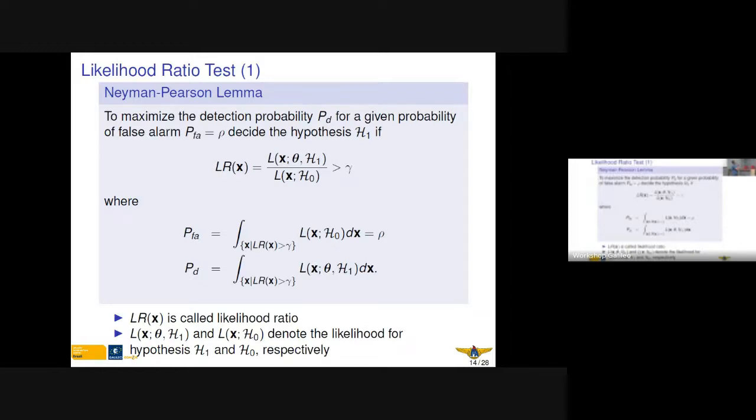Then the probability of detection is the integral over all X with the property that the likelihood ratio test is above the threshold, over the likelihood with respect to the hypothesis 1. So this is the Neyman-Pearson lemma.